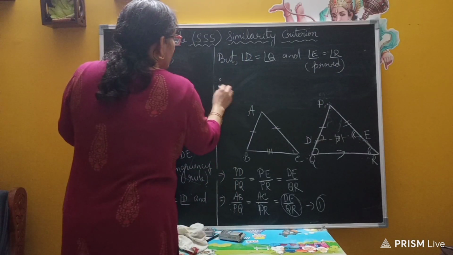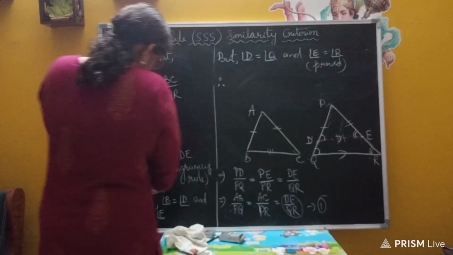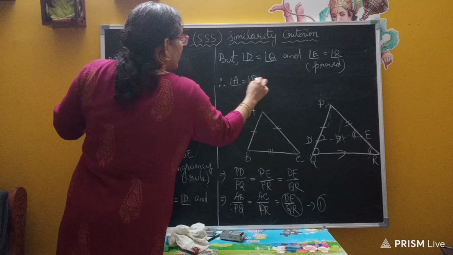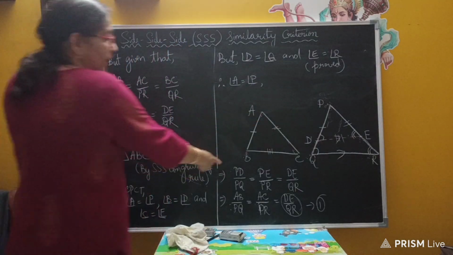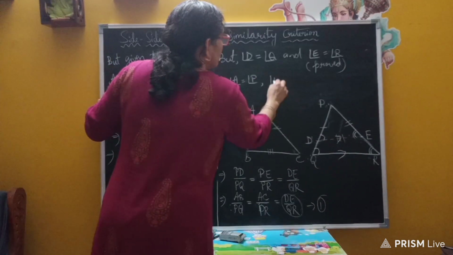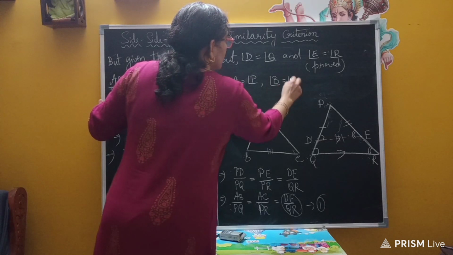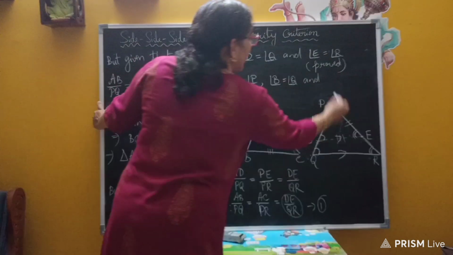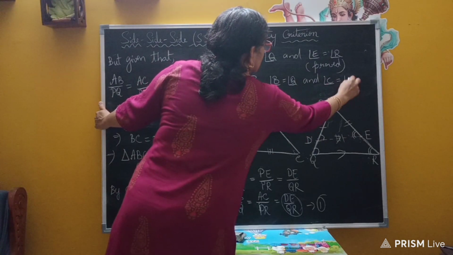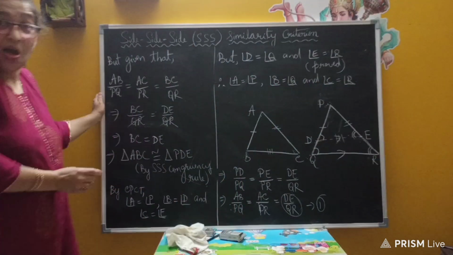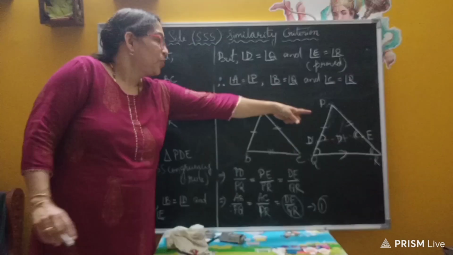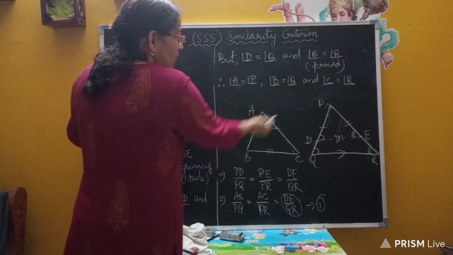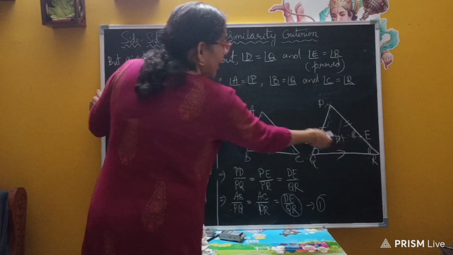Therefore, angle A is equal to P, angle B is equal to angle Q, and angle C is equal to angle R. Corresponding angles are equal, all three corresponding angles.